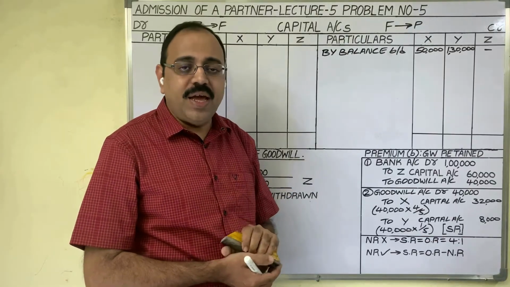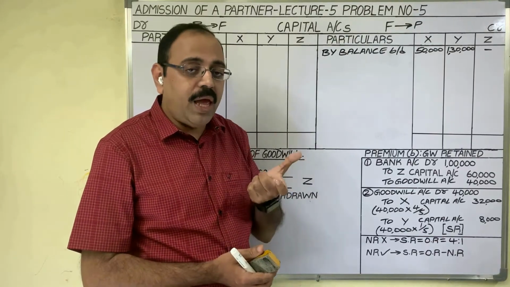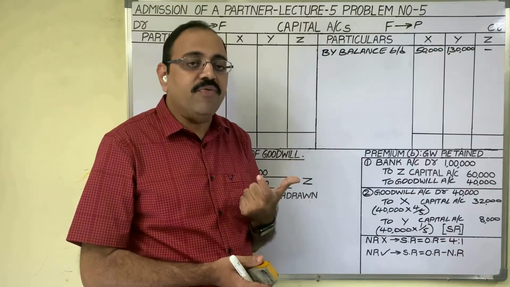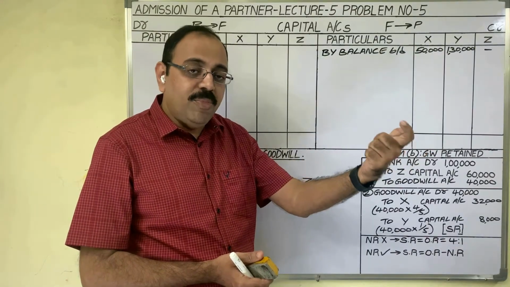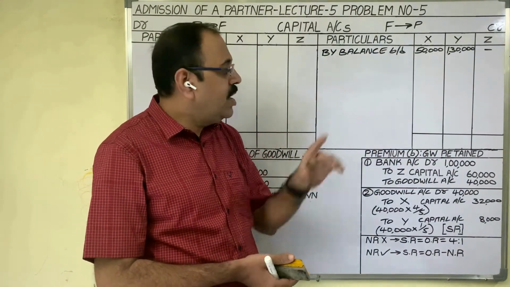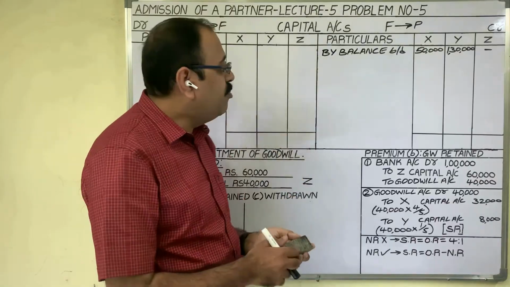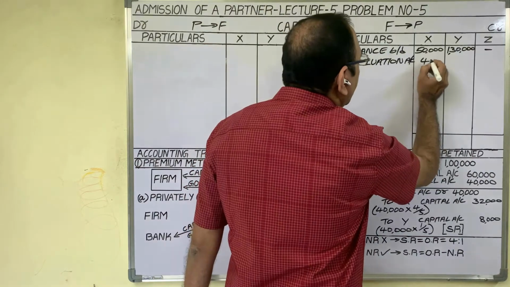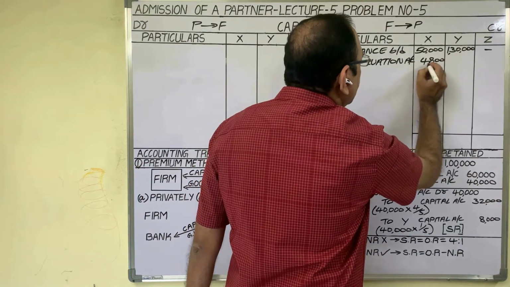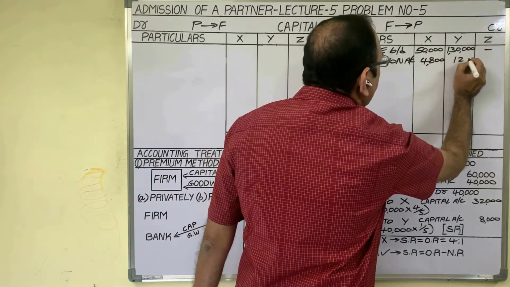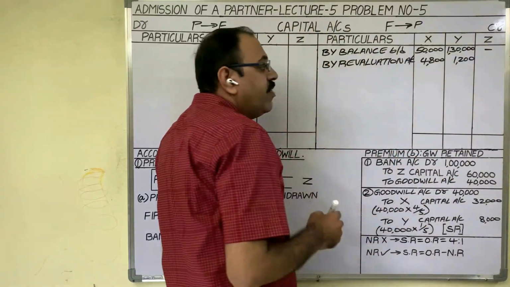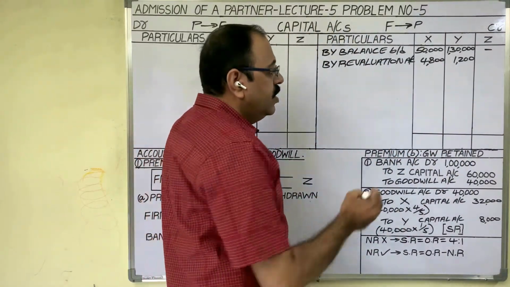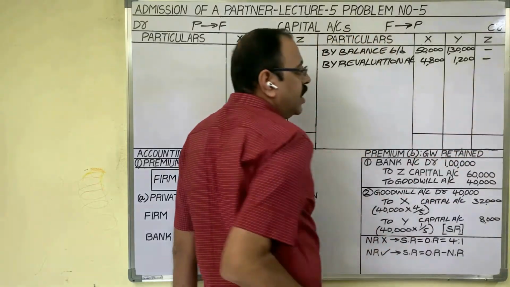If partner retires, then firm should pay this revaluation profit to partner. Means revaluation profit, credit side we have to show by revaluation account. In revaluation account, we have calculated these amounts. In total profit, X share 4,800, Y share 1,200. For Z, don't write anything.